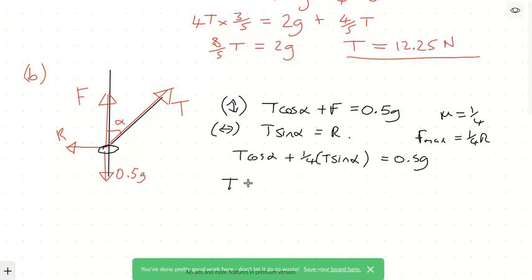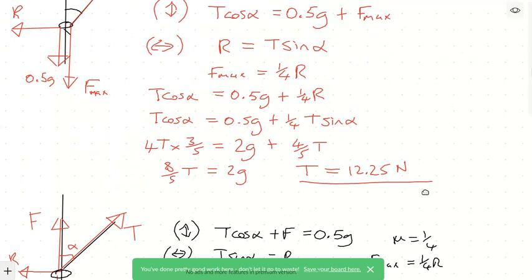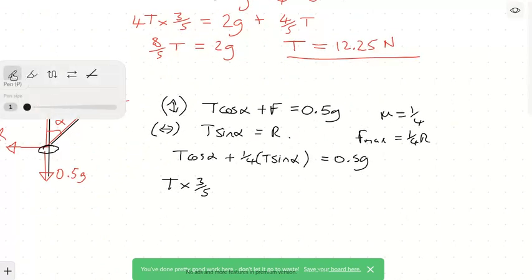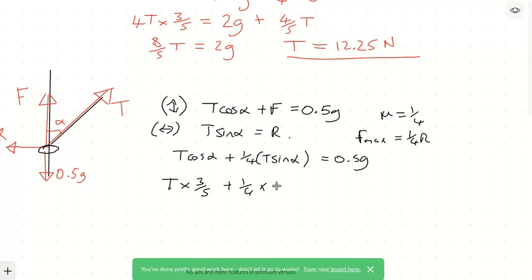So we've got t times, I think cos alpha was 3/5. Let me just check on that. Yeah. T times 3/5 plus a quarter times T times 4/5 equals 0.5 g.